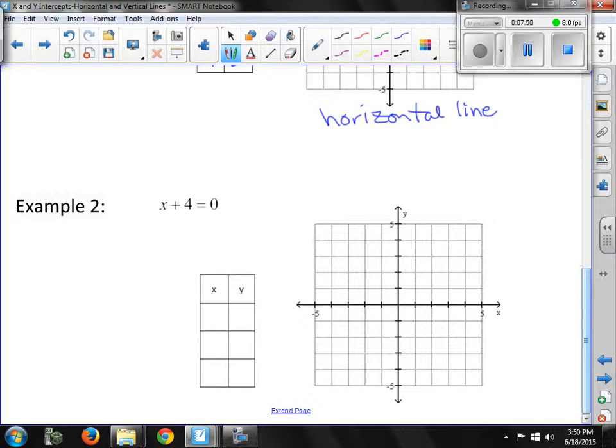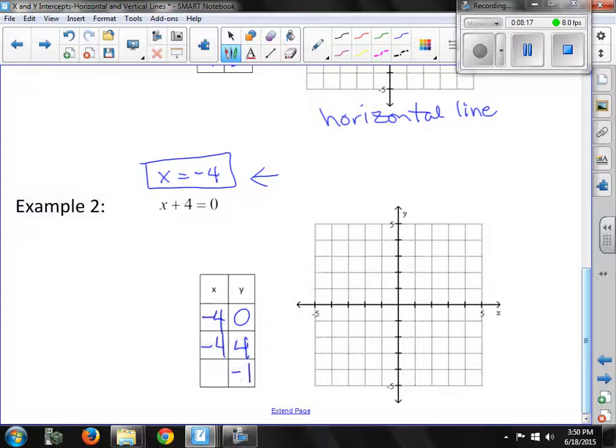In this example, what I need to do is solve for x. So I'm going to subtract 4 from each side. Let's graph this line. Now again, I'm making up values to put in here. If y is 0, what does my line say? X is negative 4. What if y is 4? What is x? X is negative 4.